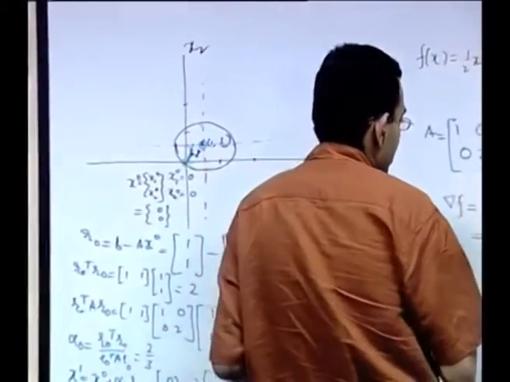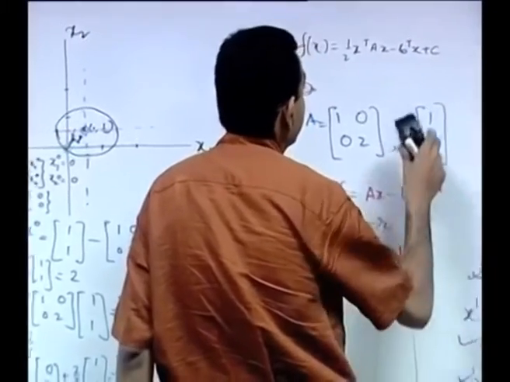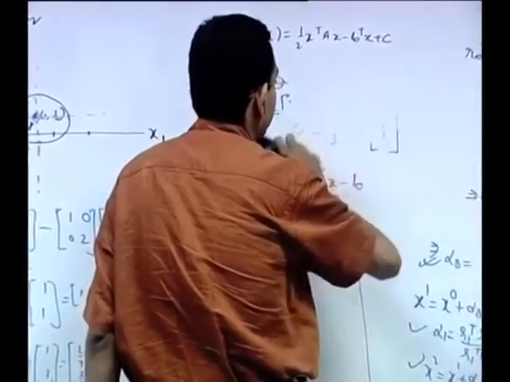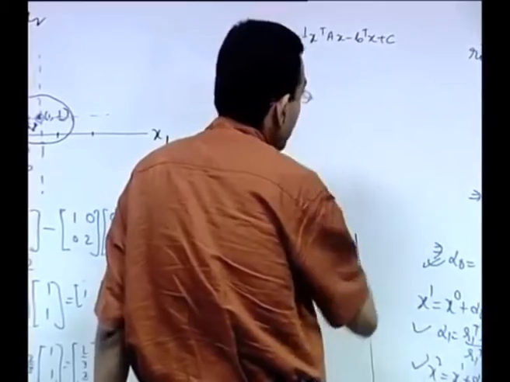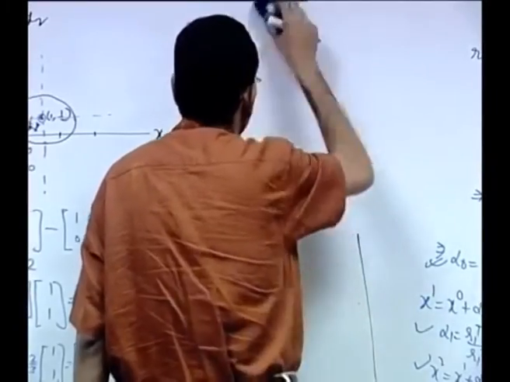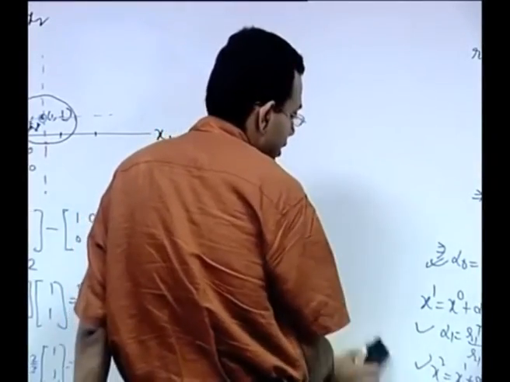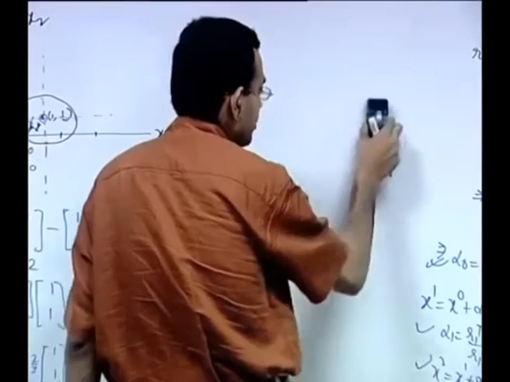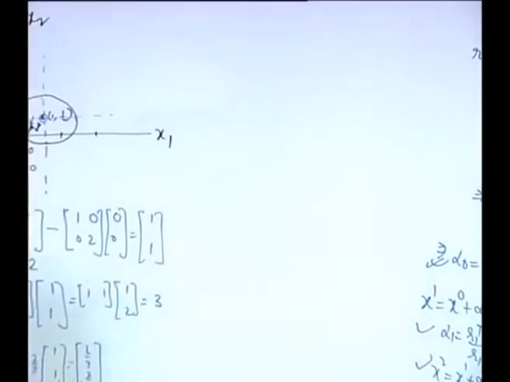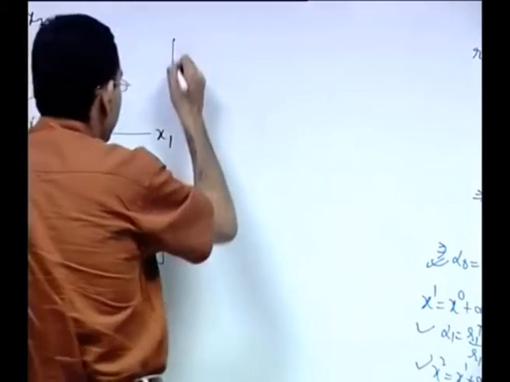So let us look into the conjugate gradient method. And we will follow the method by using the same example that we have considered so far. So, conjugate gradient method.